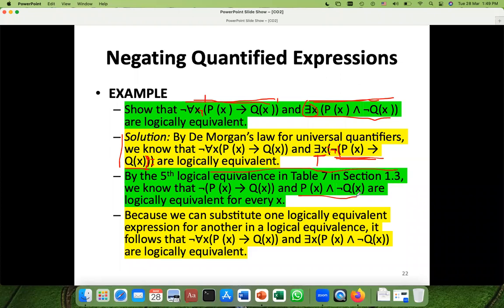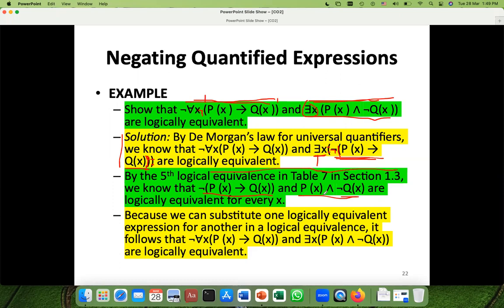The implication was converted into a conjunction there. So if you have negation of P implies Q, you can convert it into the right-hand side, given in that fifth rule, into P of x conjunction negation Q of x.